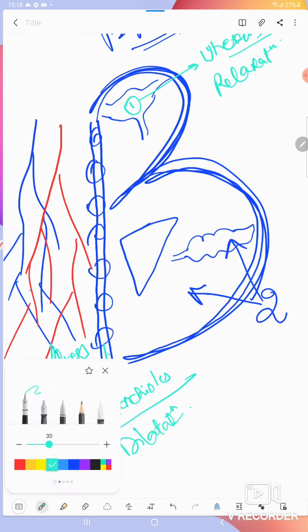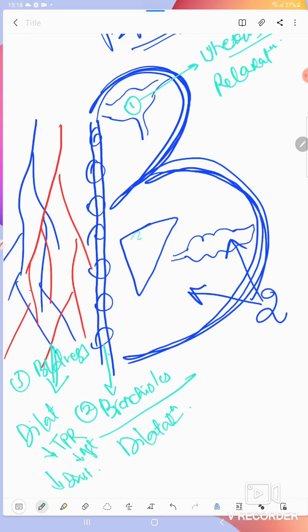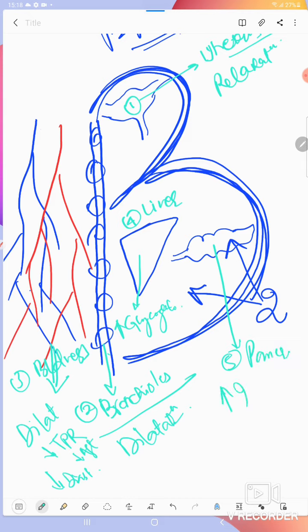The fourth region is the liver. In the liver it will lead to increased glycogenolysis. And next, the fifth is the pancreas. In the pancreas it basically increases the insulin secretion.